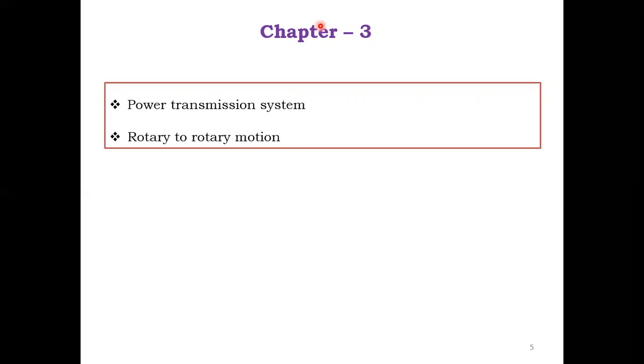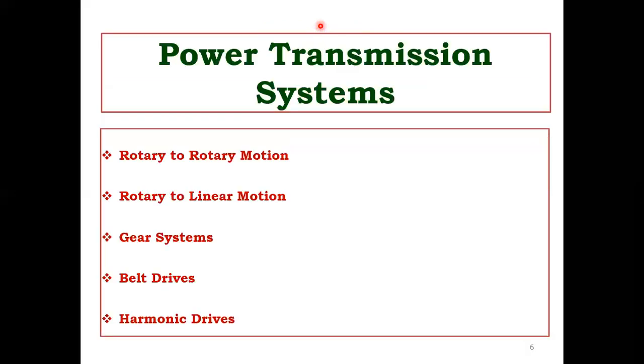Power transmission is a tool to transfer power or motion. Drives are an example of a power transmission system. In this chapter 3 we will discuss what a power transmission system is, and what a rotary to rotary motion system is.